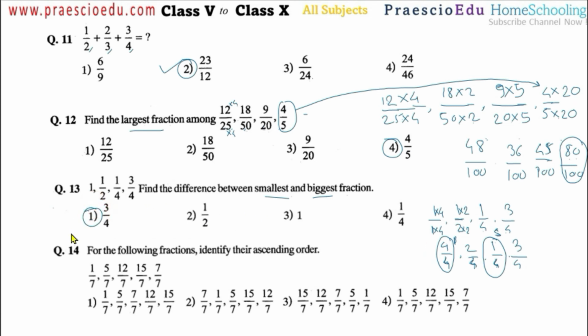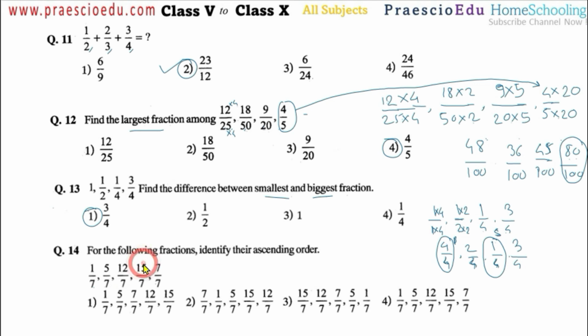Now question number 14. For the following fractions, identify their ascending order. So for ascending order, we have to make a comparison on their denominator and the numerator also. But if you see, all have 7 as their denominator, which means we have to make the comparison on the numerator only.